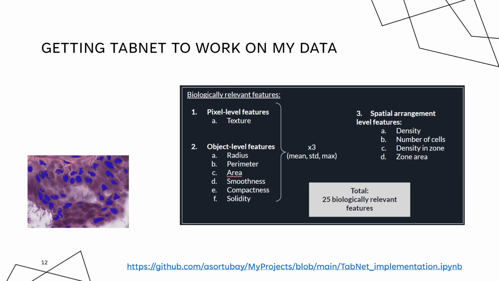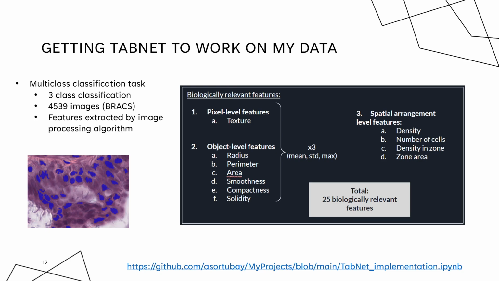As I said, I focus on the FastAI. I'll use it on a specific problem where we are dealing with a multi-class classification task between three classes, and we have a dataset of roughly 4,500 images from the Brax dataset. These images have been processed, and we've extracted 25 biologically relevant features from them.